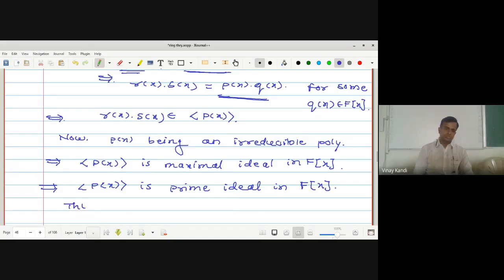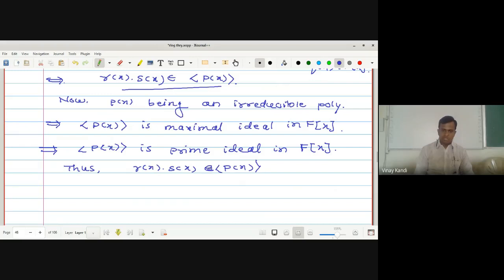Okay, thus we have that r of x into s of x, कशामध्ये होता माझा एलिमेंट? belongs to p of x. जर एखादा एलिमेंट त्या p of x मध्ये जात असेल तर प्राइम आयडियलची डेफिनेशन काय? And this p of x is what? प्राइम आयडियल.